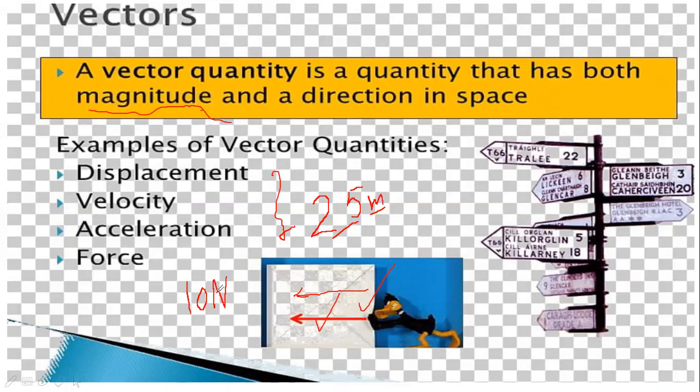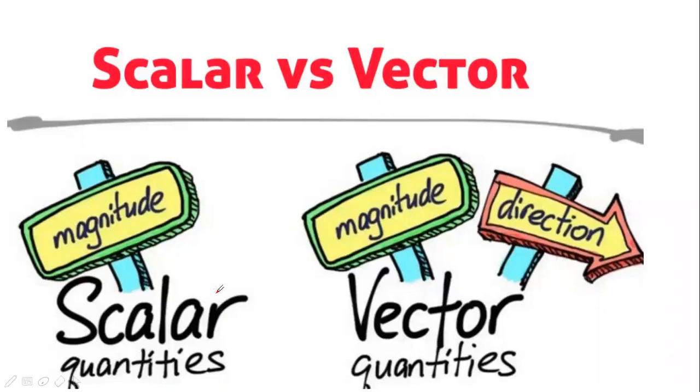So vector quantities have magnitude and direction, and scalar quantities have magnitude but no direction. Scalar versus vector. Only having magnitude is called scalar quantity. Having magnitude plus having the direction is called vector quantity.